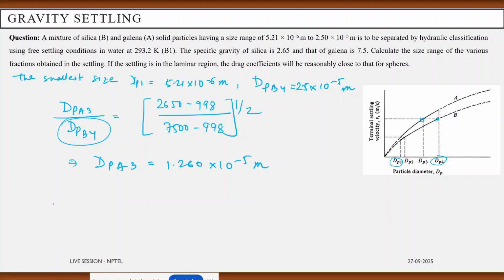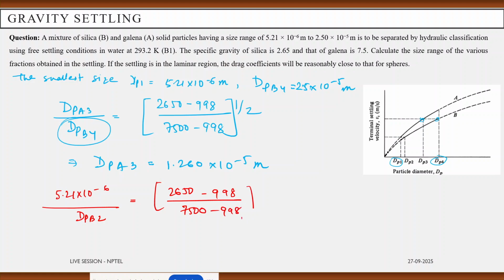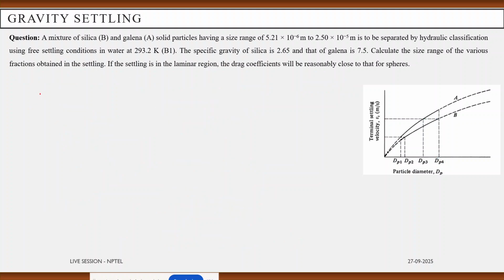So for them we can calculate. So these are the values. What we have got is the mixed fraction.